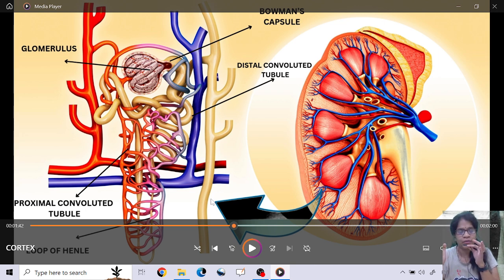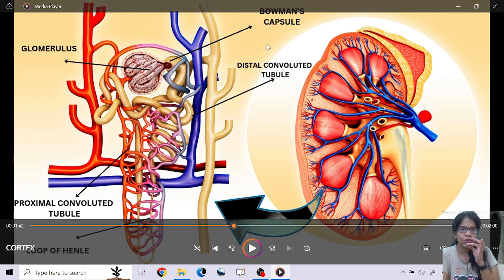I'm just leaving it for your imagination that this is present in the cortex area, and this loop of Henle is present in the medulla area, and thus there would be a change in the proximal convoluted tubule and the distal convoluted tubule.